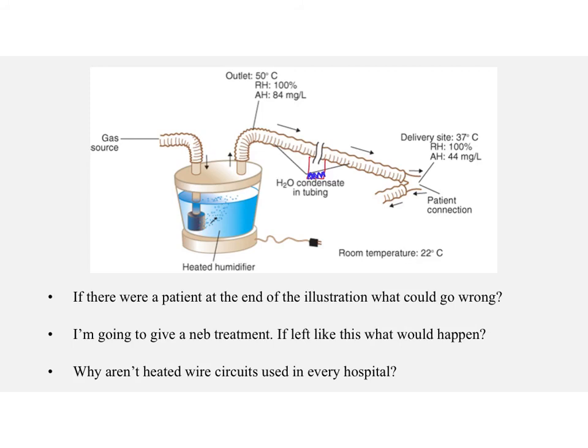Why wouldn't heated circuits be used in every hospital across the country? So they wouldn't be used everywhere because they're expensive. The cost is expensive. You may have hospitals in Denver that have larger budgets, they have more advanced equipment, but then you go off further into rural areas, those hospitals are just smaller.